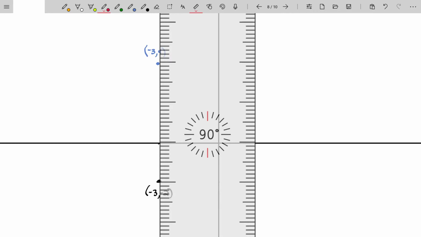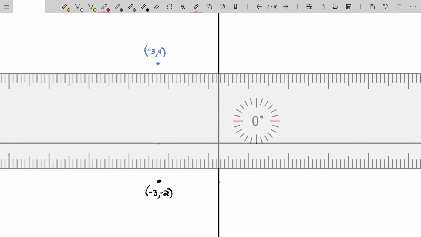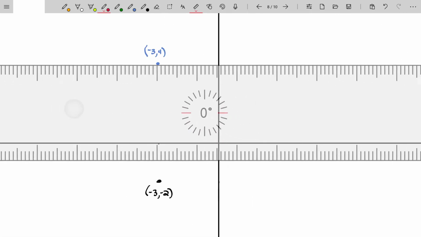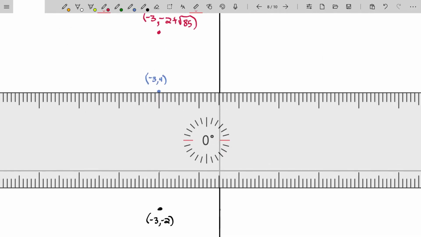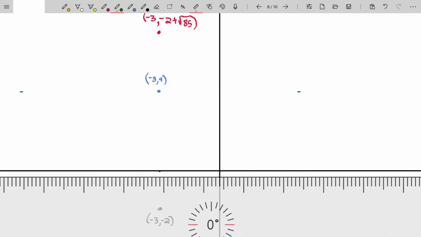So rise 6 units, that's good, and run 7 units from there. Actually, I would just do 7 units in both directions. I'll use green for this: 7 units this way, and 7 units this way, roughly.